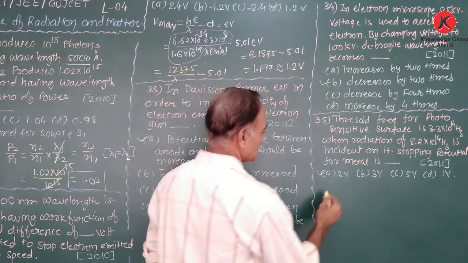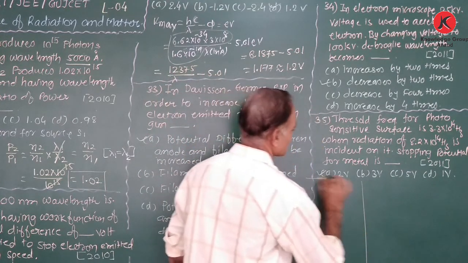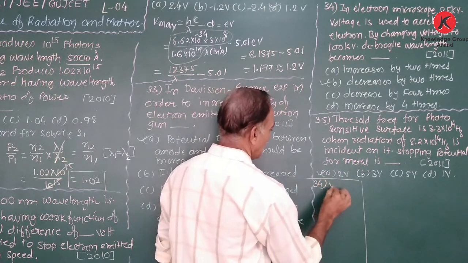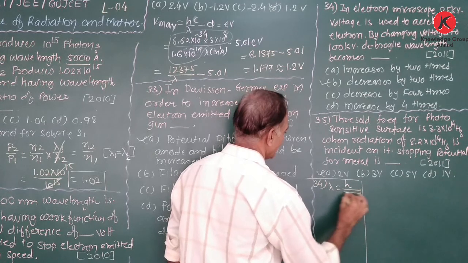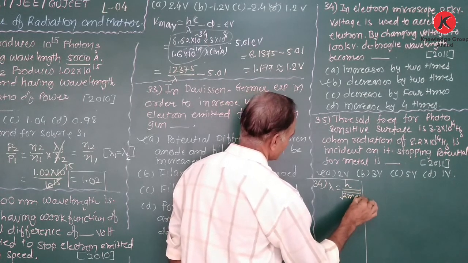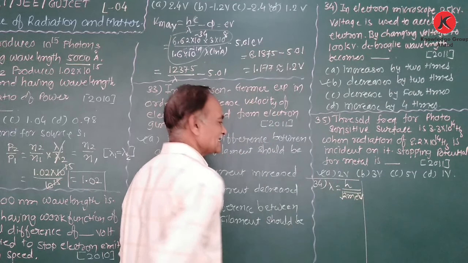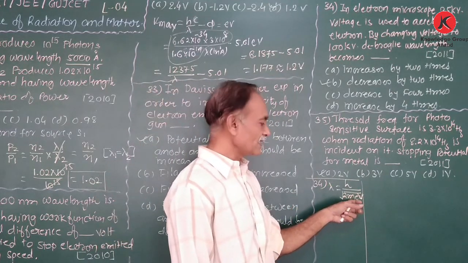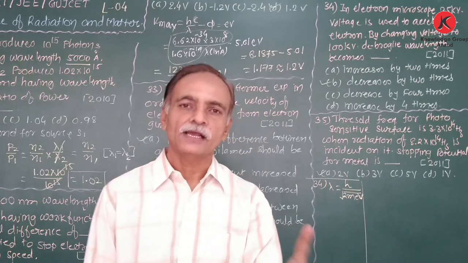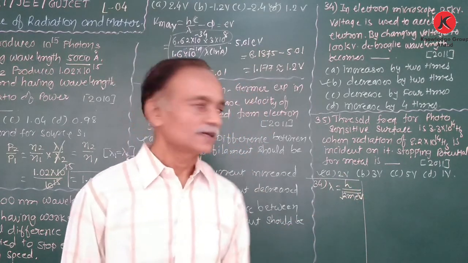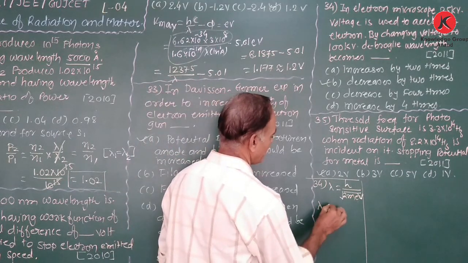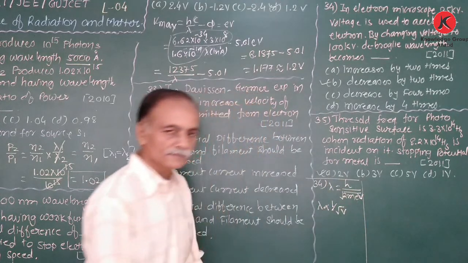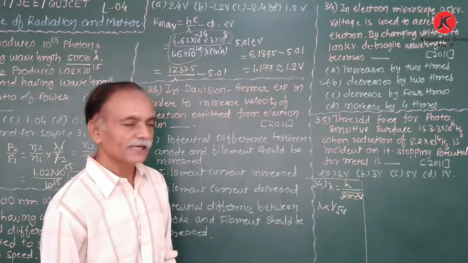Right? Here I write the solution of question number 34. Lambda is equal to h upon under root of 2meV, where h is the Planck's constant, m is the mass of the electron, e is the charge of an electron, and V is the applied potential difference. From this equation, lambda is proportional to 1 upon under root of the applied potential. Clear?